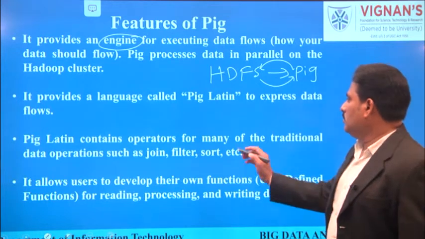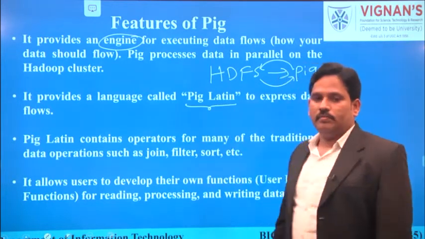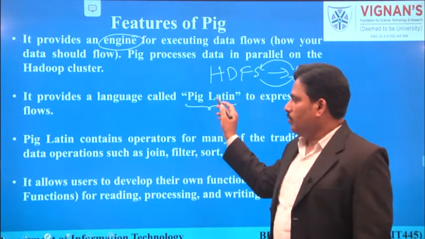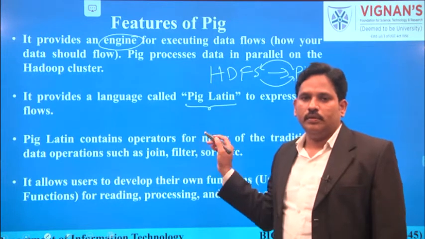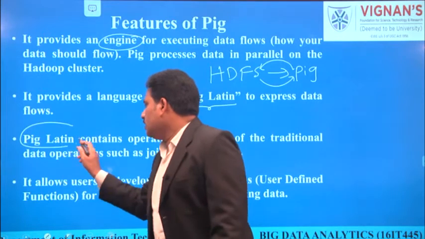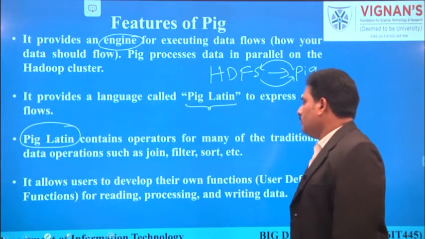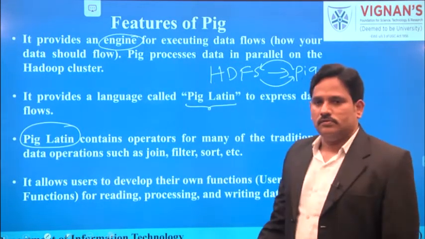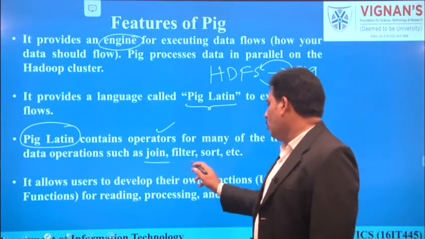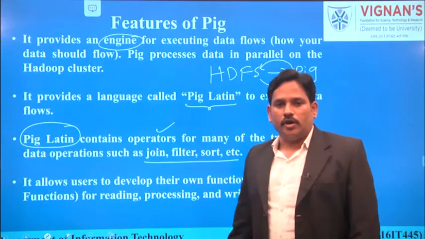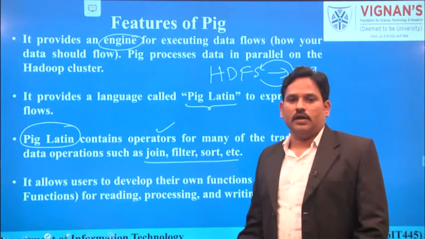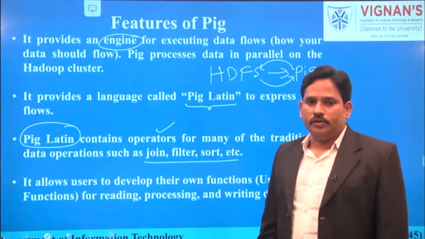Now Pig offers a programming language called Pig Latin. Pig Latin is the programming language used in the Pig environment. What does Pig Latin contain? It contains a set of operators, some traditional operators, like we can perform join operations, filter operations and basic sort operations, and we can also do some aggregation operations.